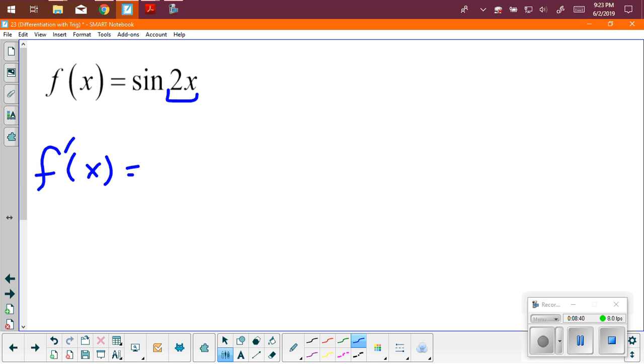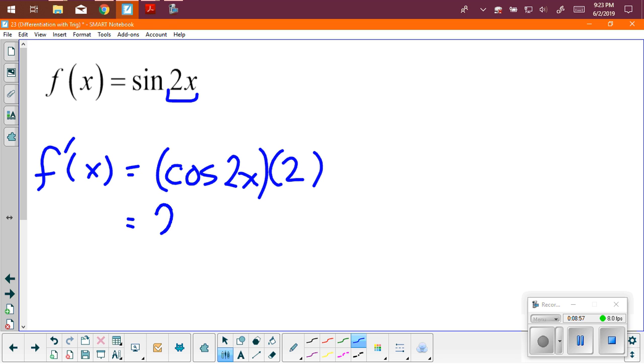So what's the derivative of sine of something? The derivative of sine of something is cosine of that something, so cos 2x. And the derivative of the inside, which is 2x, is just 2. So my derivative is 2 cos 2x, and that's done.